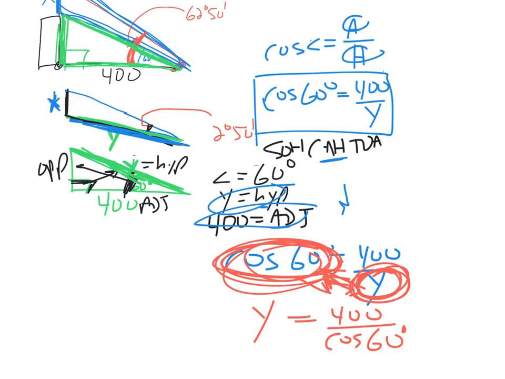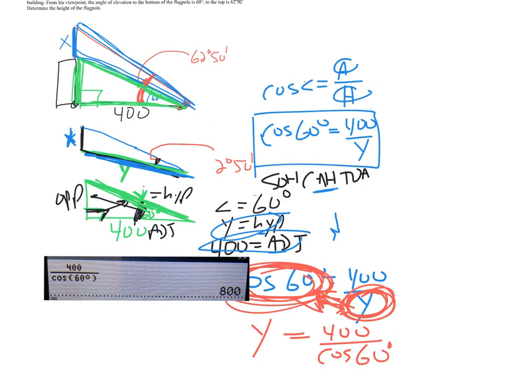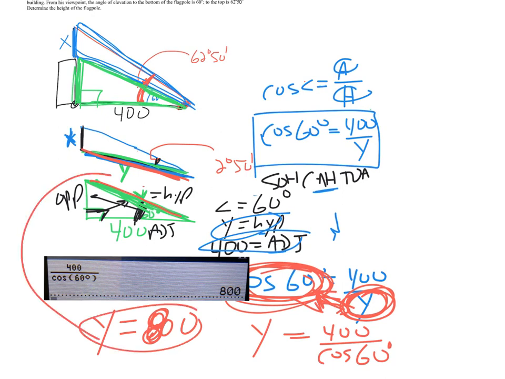So here the y turns out to be 800. So that hypotenuse of that small triangle, which is also the bottom side of our skinny blue triangle, is going to be 800. So I'm going to plug that in for y in that tiny little triangle.